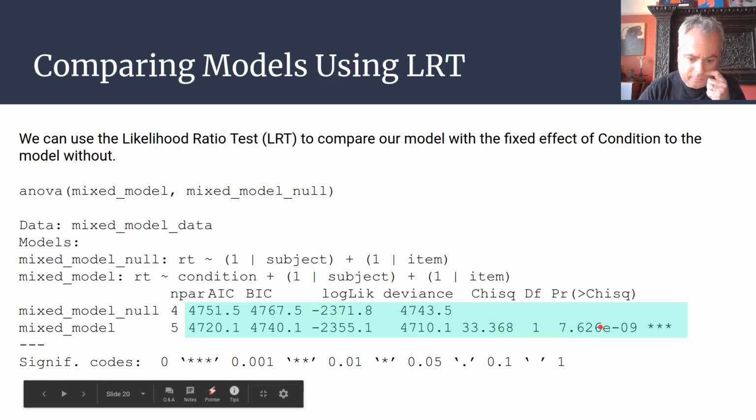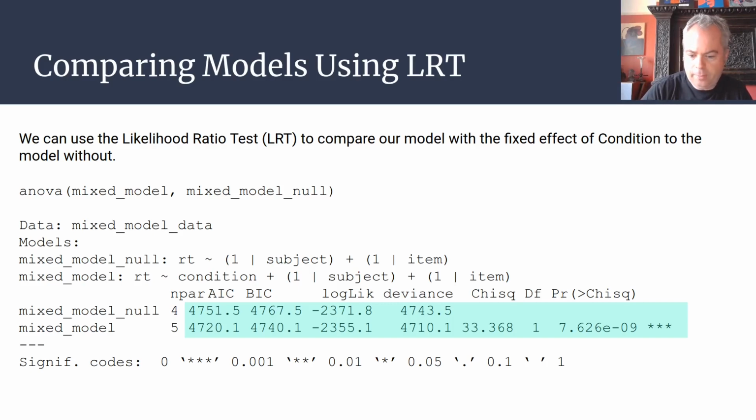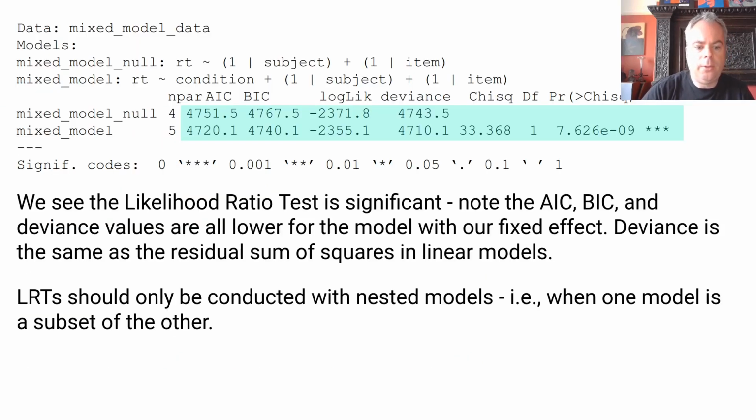So this is a nice case where all measures of model fit tell us that our mixed model with a combination of fixed effect and random effects is actually a better way of capturing our data than the model with just the random effects. So this tells us quite clearly that this fixed effect corresponding to our experimental factor is explaining a significant portion of the variability in our data set.